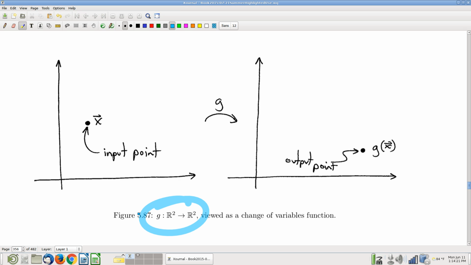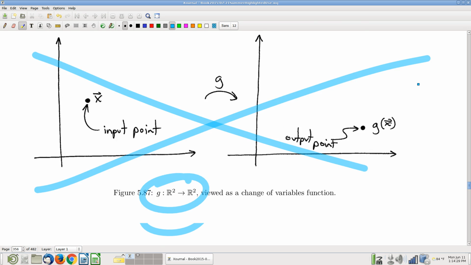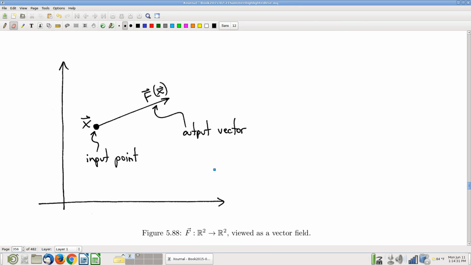The points helping me define a domain consisting of a bunch of points. So we're not going to interpret it this way. We're going to interpret it like this. Now again, this is just a function from R2 to R2, but the input I interpret as a point, and the output from this function is the vector that I associate to that point.